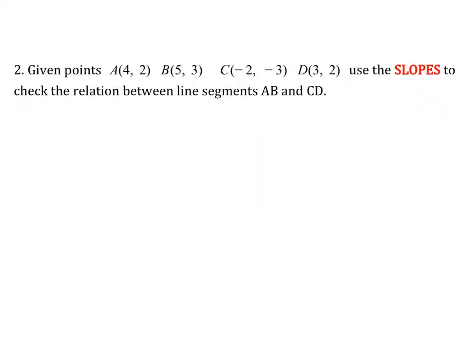All right, here you are given 4 points, and you're asked to use the slopes to check the relation between line segments AB and CD. So whenever you're asked to do something like this, you're going to use the slopes to determine if the lines are parallel or perpendicular, or maybe neither.